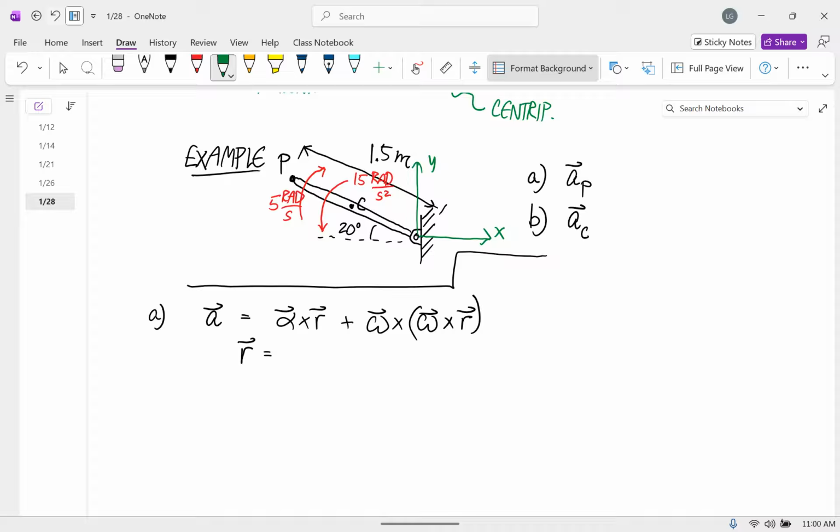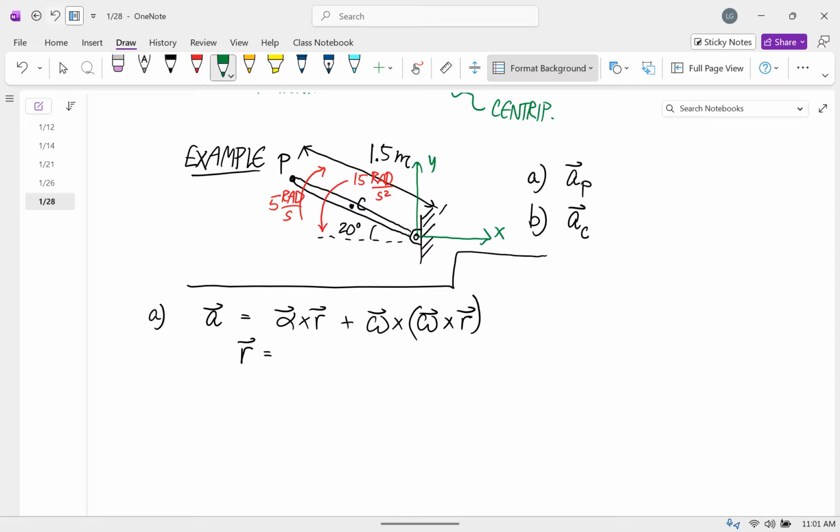Okay, we're doing r first. For that point P, you can think of this vector that we want. The r vector goes from the center of the circular motion, which is the hinge, to the point you care about.